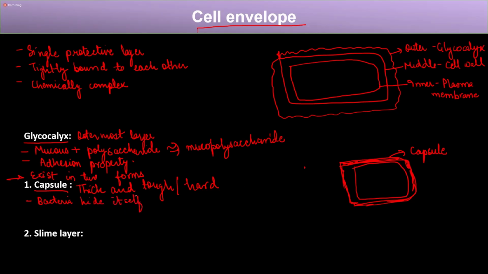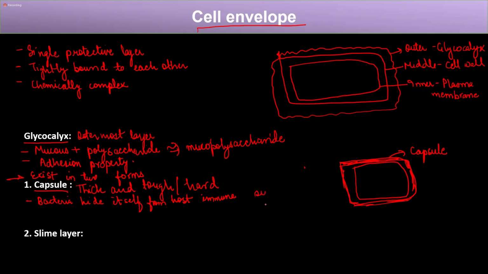And from what does the bacteria hide itself? It hides from the host immune system, right? Because our WBC recognize these bacteria or pathogens and kill them. So the bacteria hide inside the capsule from the host immune system.